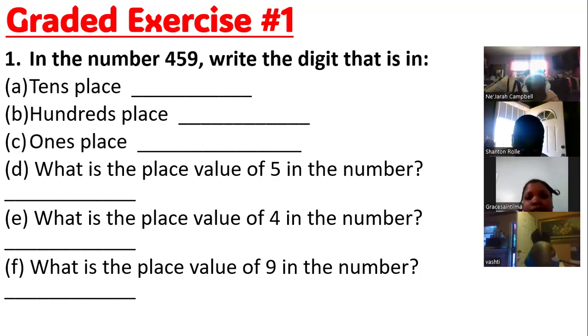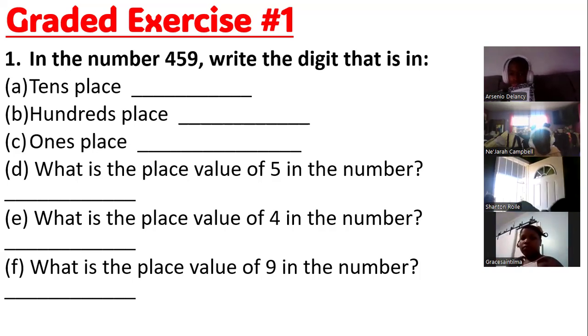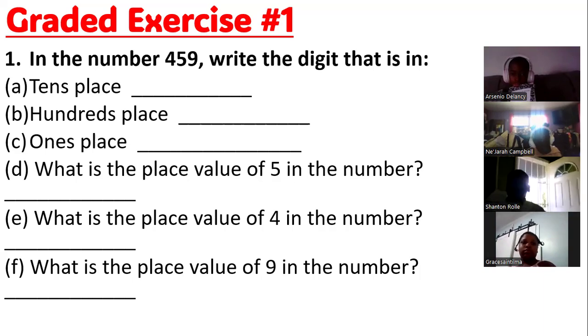All right, so I think that's everyone. Asia, can you send your work in before we go on to give the answers? Send your work in for me, please. Yes, sir. So once Asia sends in her work, we can go ahead and answer these questions for the grade exercise.